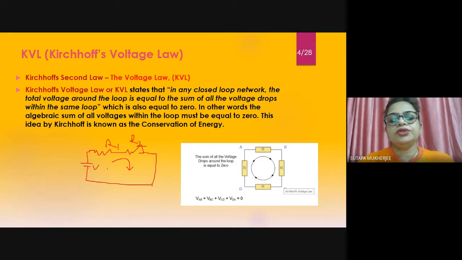What will be the current flowing through the circuit? I will be equal to V divided by R1 plus R2. If the current flowing through this loop is I, what is the drop across R1? I R1. What is the drop across R2? I R2. Am I audible, please?